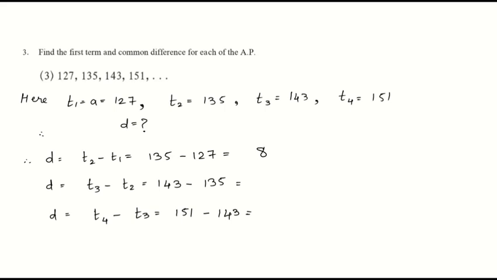To find the next difference, we have taken T3 minus T2. What is T3? It is 143 minus T2 135. We have 8. In the same way, T4 minus T3. T4 is 151 minus 143 is 8. So the first term we have is 127 and difference we have here as 8.